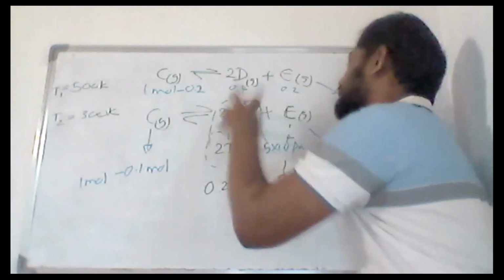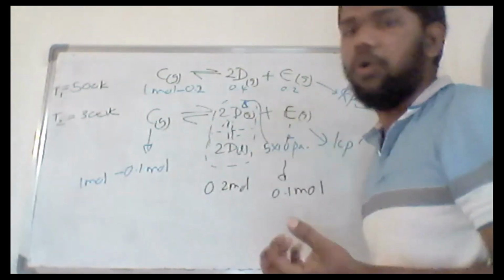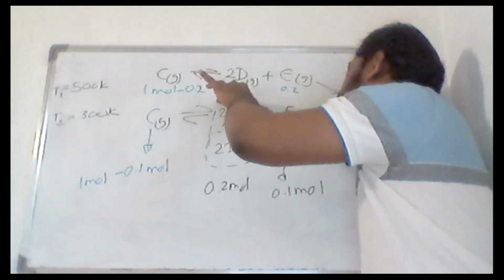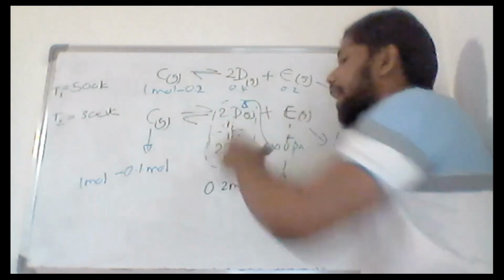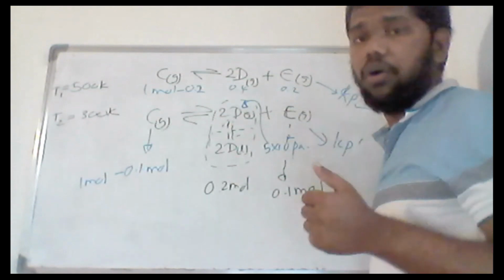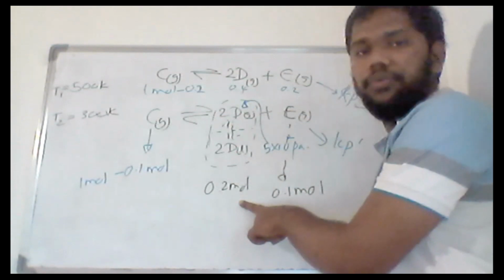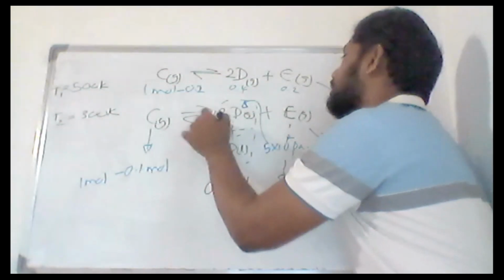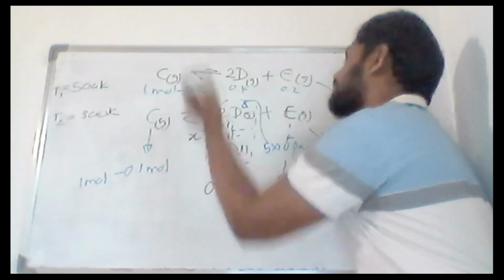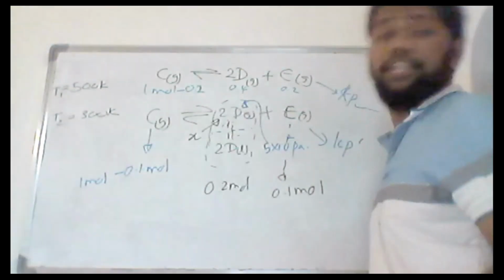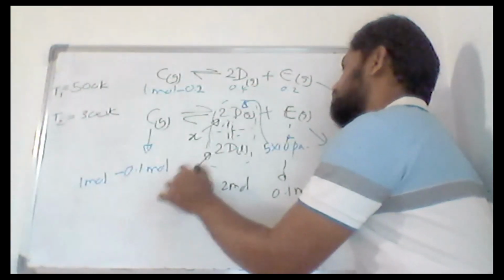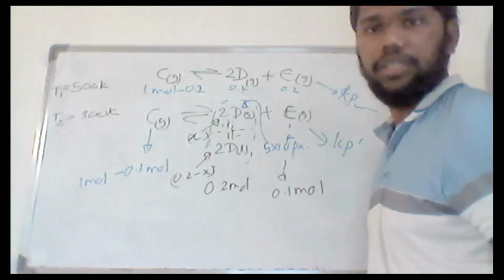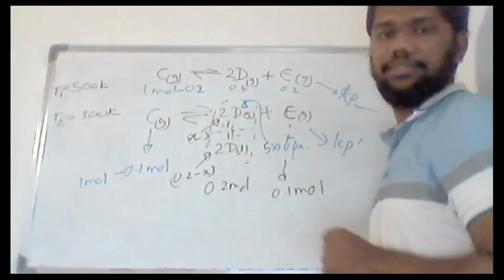But the problem here is we don't know how many moles exist in the vapor and how many exist in the liquid state. We know only the total number, which is 0.2. So from this 0.2, it can be some X value in the gas phase, and then the liquid phase will be 0.2 minus X. But we don't know what X is.